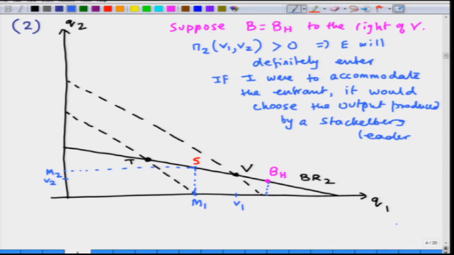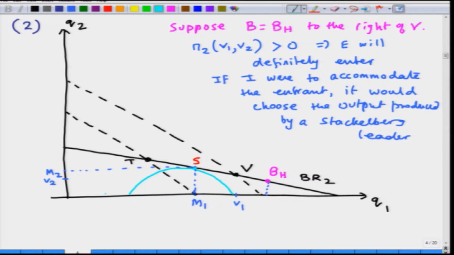To see this, let us draw the profit curves. If we draw the profit curves, then the firm's profit passing through the Stackelberg point is somewhere here. So, this would be the isoprofit curve of the incumbent when it chooses the Stackelberg level of output.